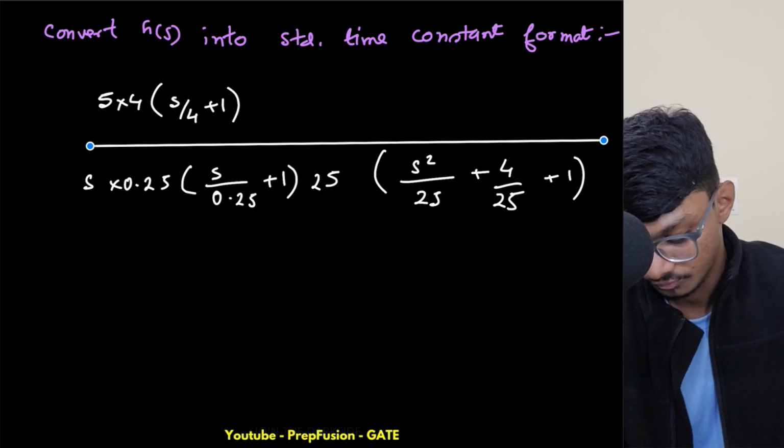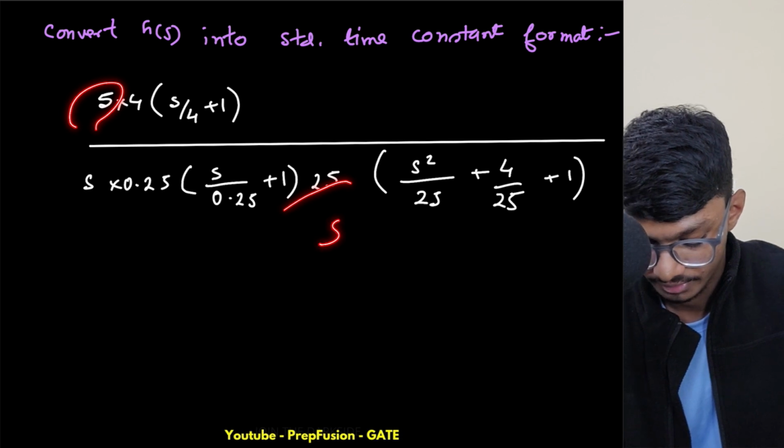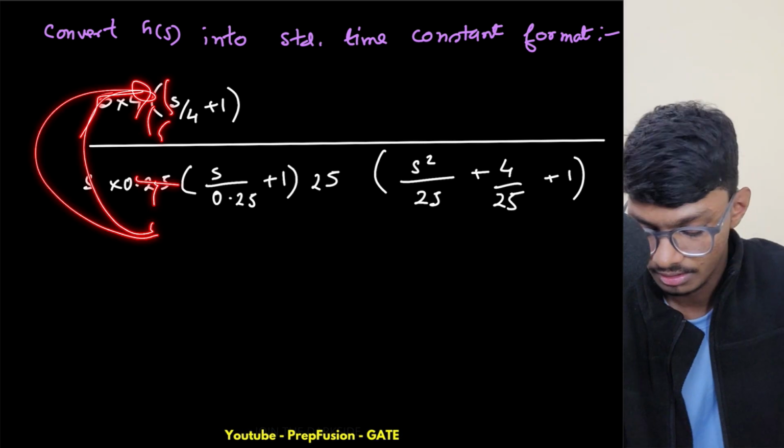Now this 5 will get cancelled with this, so we'll have 5 here, and this is 1 by 4, so 4 will come in the numerator. So this is 16 by 5 itself.